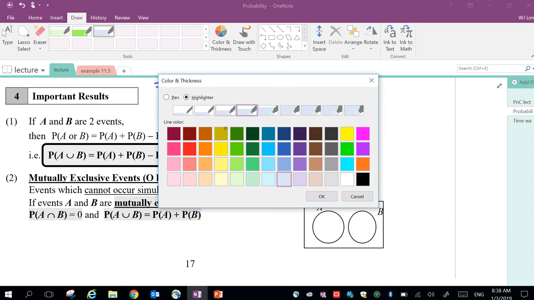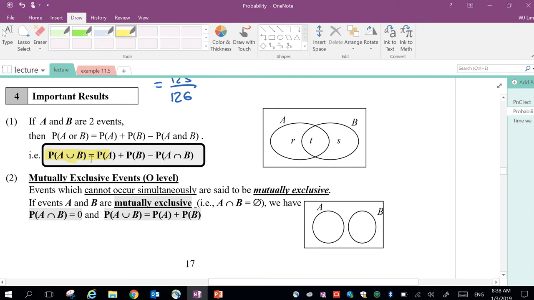This is the formula: A union B is PA plus PB minus A intersect B. How do we get this formula? This is an example of the Venn diagram that is drawn. I'll explain from the Venn diagram.